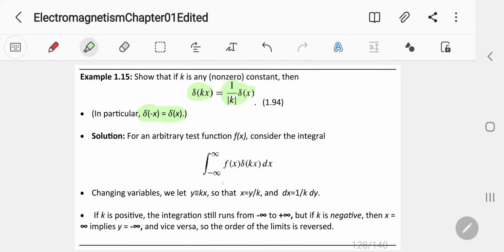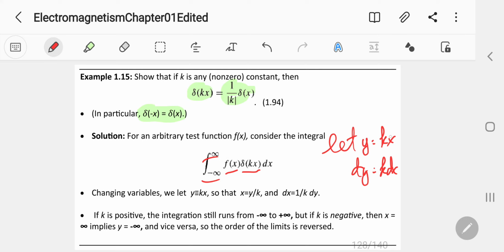You can have a test function f of x. You multiply it with the Dirac delta function of kx. So we let y equal to kx such that your dy is equal to k dx. And of course you will have your limit as negative infinity. So if your x is negative infinity, that would be the same for y.